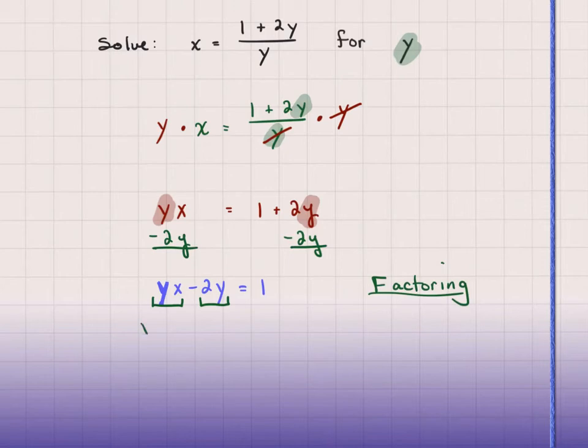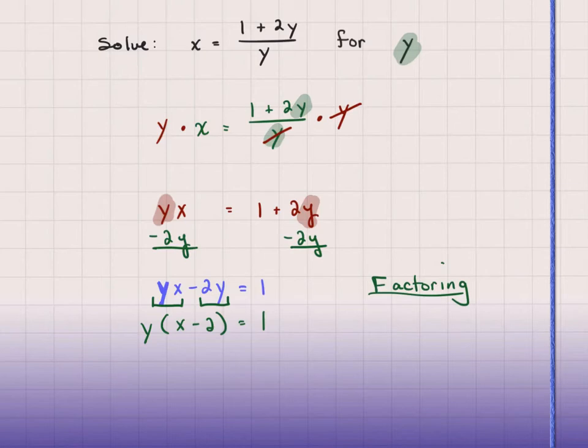I can take a y and undistribute it, factor it, out of both of those terms. If I were to redistribute this y, I'd have y times x, that first term, and I'd have y times this negative 2, or negative 2y, that second term. I'm not sure why I put a y on the right-hand side, because that is incorrect. I haven't done anything to the right-hand side other than copy it down and leave it as a 1.